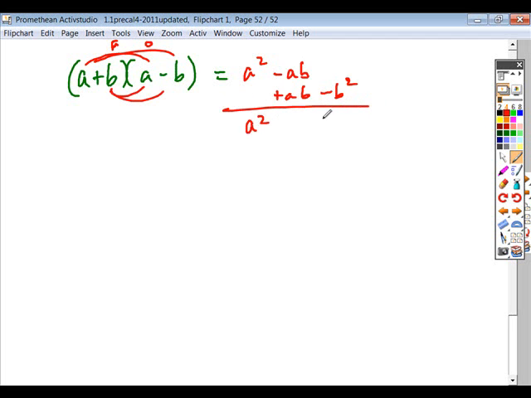What's going to happen here is the outer and inner products are going to cancel. They're exact opposites of each other. Therefore, you leave the difference of two squares. So the special product form of the sum and difference of terms is equal to the difference of those terms squared.